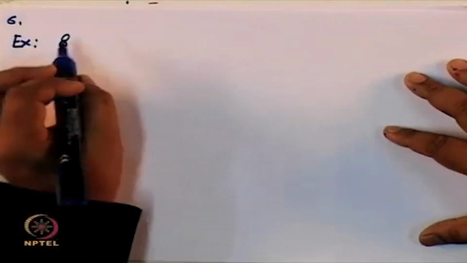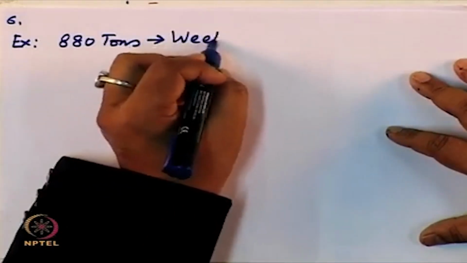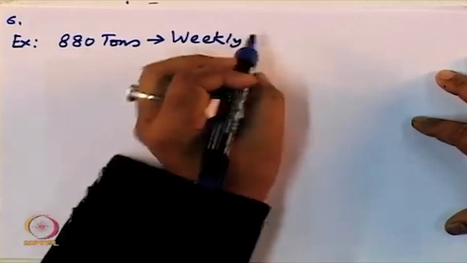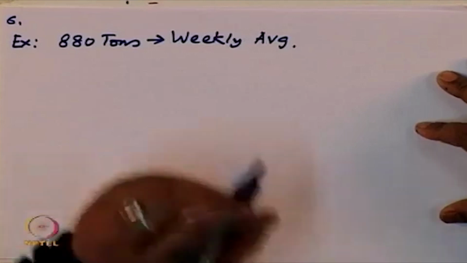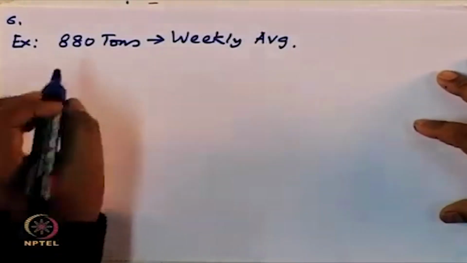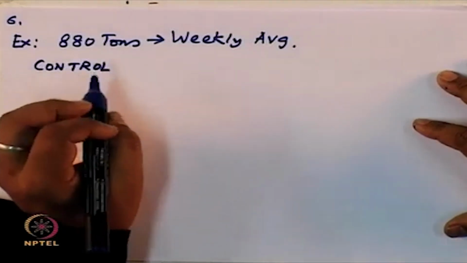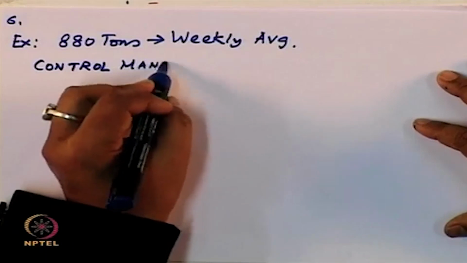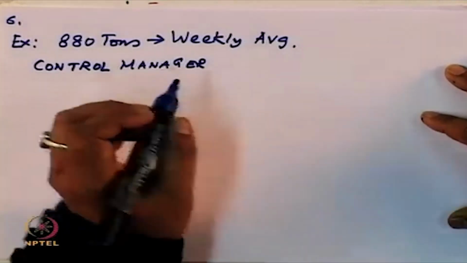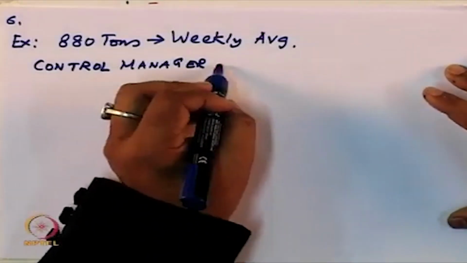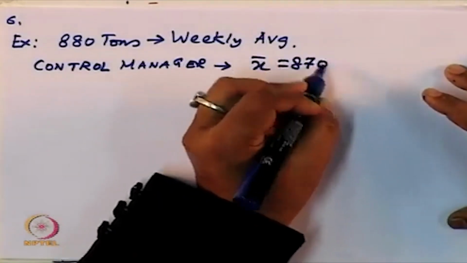Let us go back to the example where we found 880 tons was the weekly average, known earlier. Now, the control manager does the statistics and finds that x bar equal to 870.